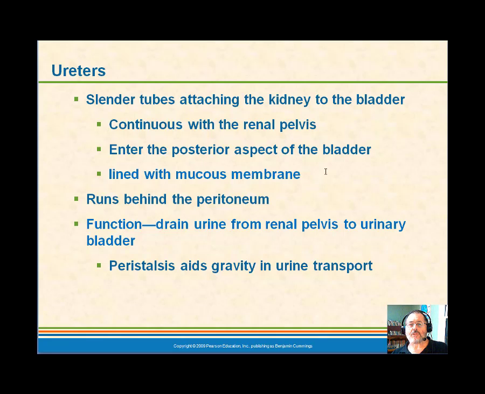They enter the posterior aspect of the bladder. They are lined with a mucous membrane, and they have peristaltic action, which actually milks the urine toward the bladder. They are also retroperitoneal, and they function to drain urine from the renal pelvis to the urinary bladder.